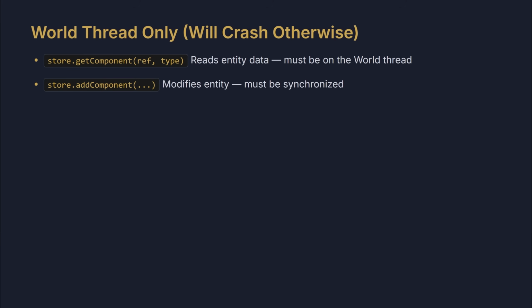So, world thread only, or differently said, will crash otherwise. For example, store.getComponent, because this method reads entity data. It must be on the world thread. The same goes for store.addComponent, because it modifies an entity. It must be synchronized. We also have remove component, which changes entity structure, and that's definitely not thread safe.